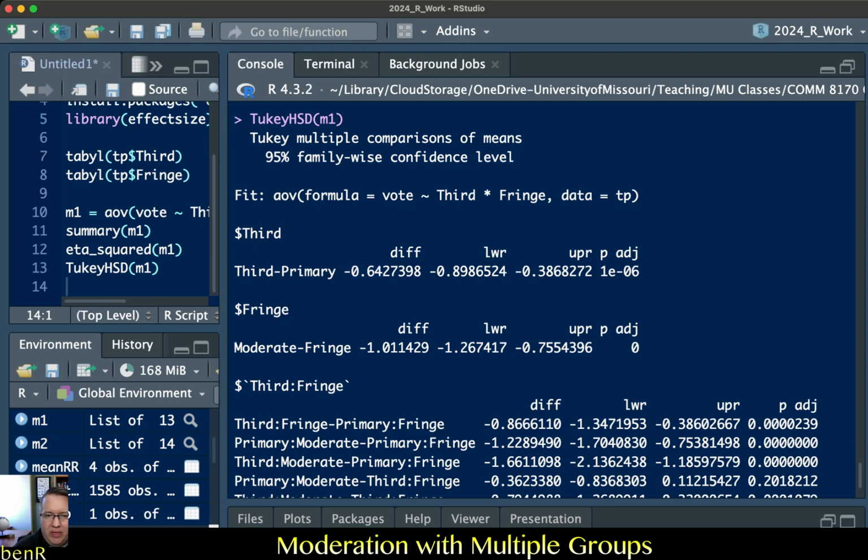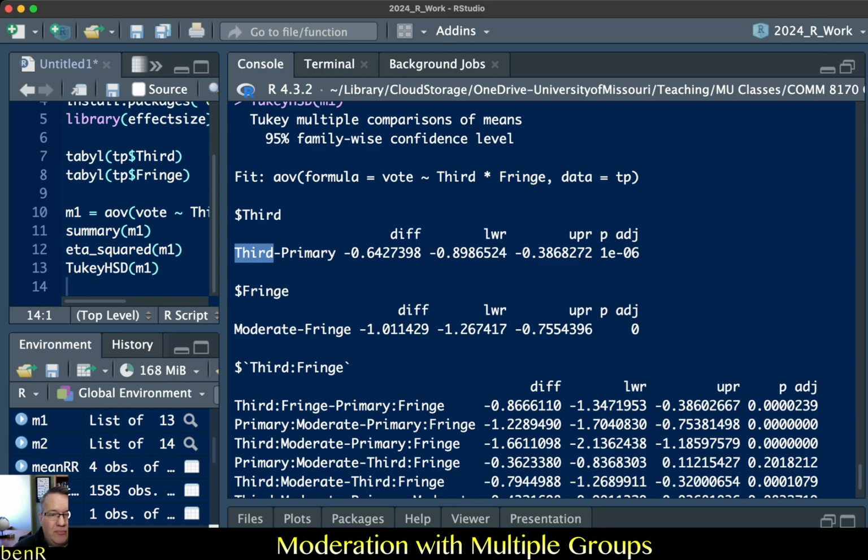And then we have the p-value. Notice it says adjusted because we did Tukey multiple comparisons adjustment, and it's 1E-6. So again, that just says that there is a significant difference, and same party candidates in a primary were much more likely to get support than third party challengers in a general.